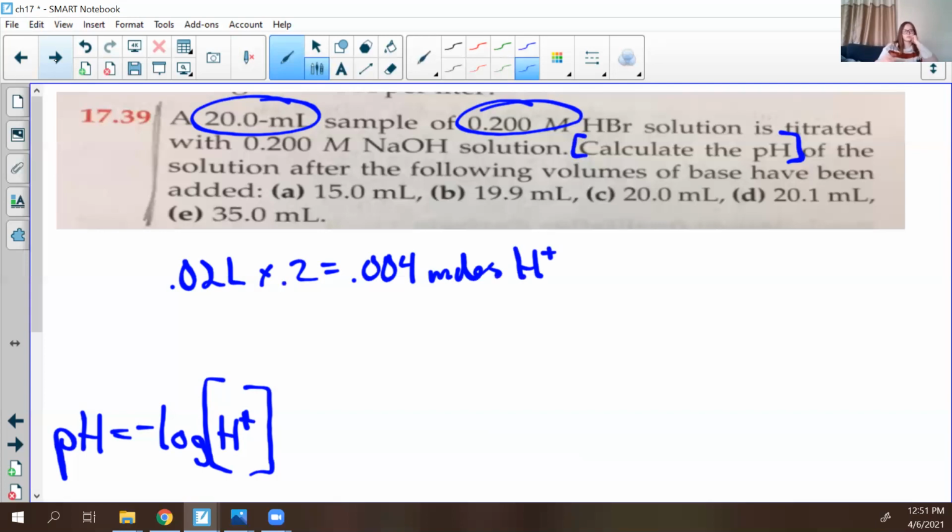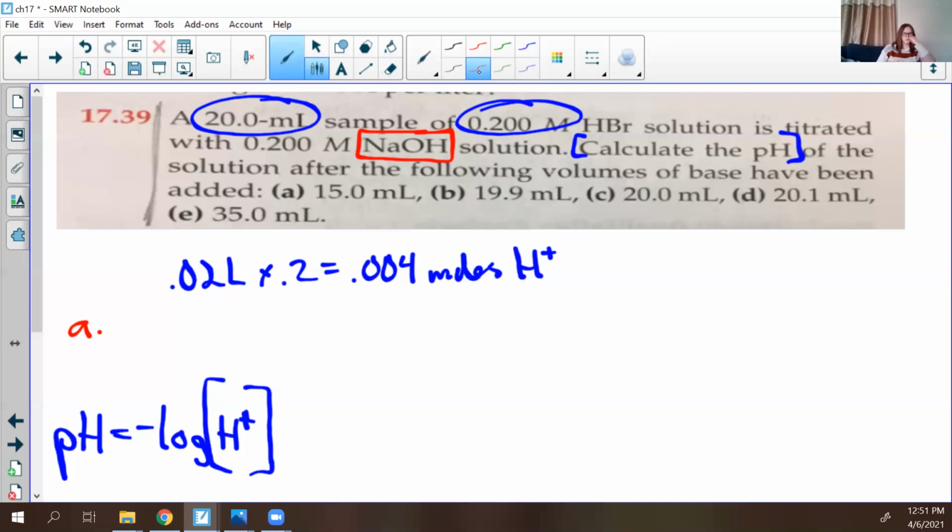Okay. Now, in every one of these problems, I'm adding NaOH. So this is strong and strong. There's no buffer, there's no Ka necessary. This is just straight strong acid, strong base: just find the excess and negative log it. Okay, so this is what I have in every problem. So for A, it wants the addition of 15 milliliters of 0.2 M NaOH.